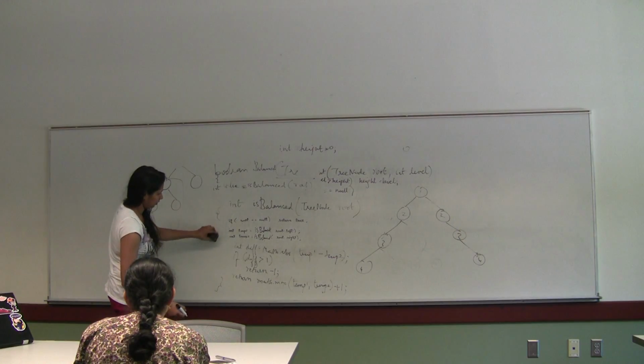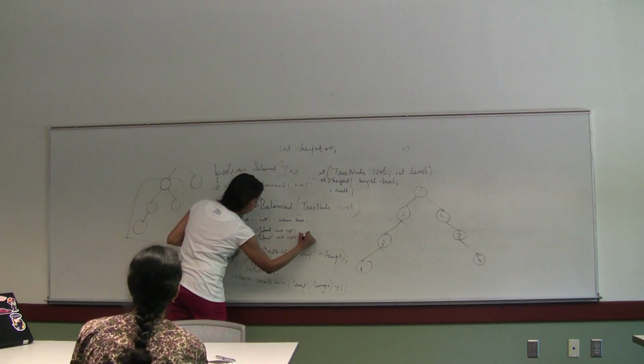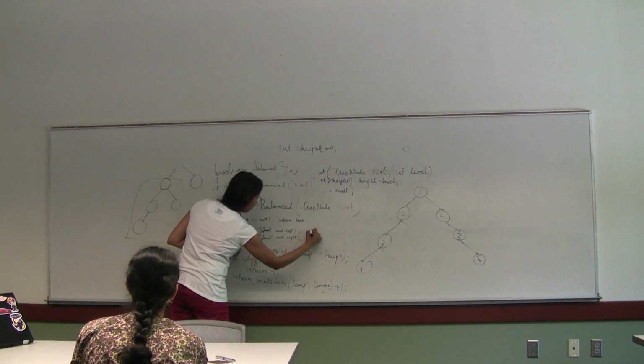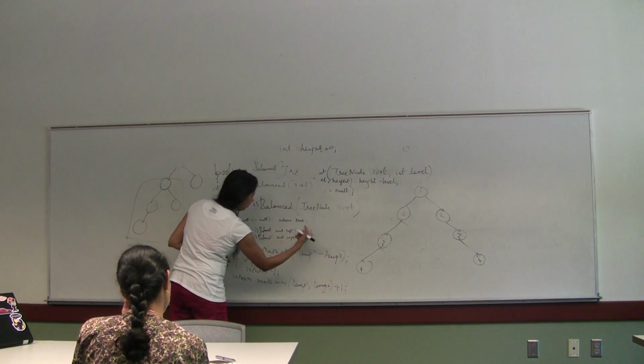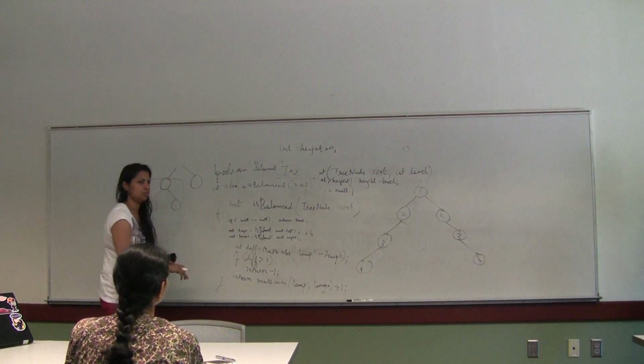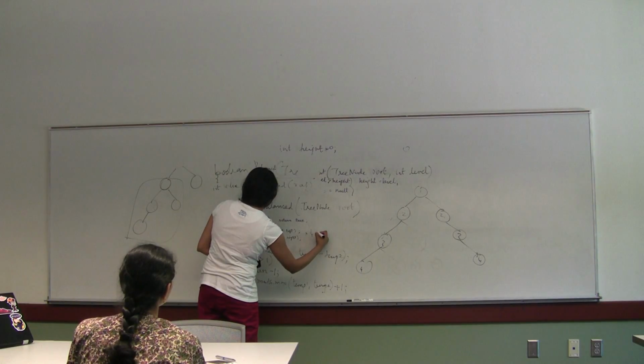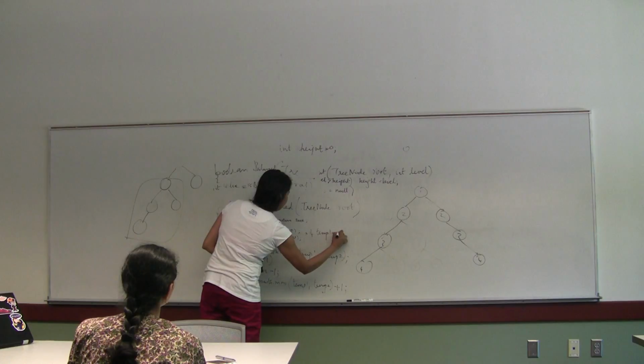There is one other check here: the minute the left tree goes out of balance, you can return right here rather than actually going to both the left and the right trees. So you will say if temp1 equals -1, just return -1.